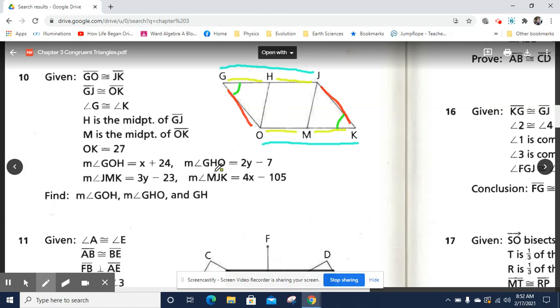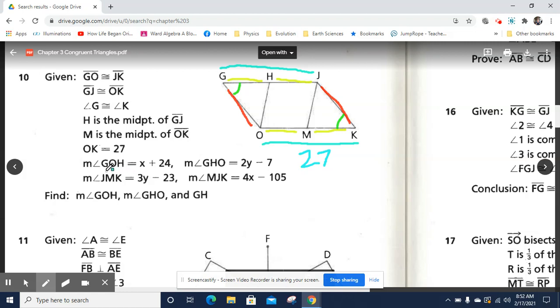So all of those are congruent to each other, and I'm signifying all this with my colors. Now we finally have some information here that OK, which I'll mark in light blue, is a measure of 27 units. It doesn't say what kind of units, so I'll assume it's Badgers.